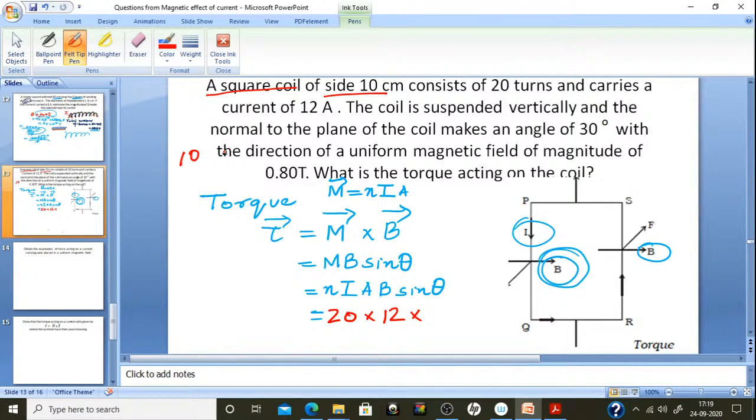Area of a square is side squared, so it will be 10 into 10, 100, but this is in centimeters, so you have to divide by 100 twice, side divided by 100 gives meters. Okay, and B is also given. How much is B? 0.80.